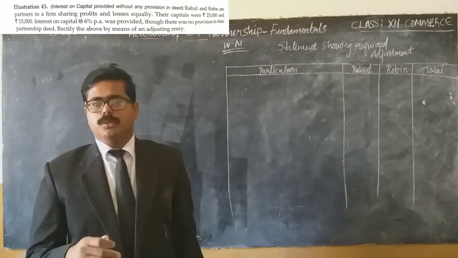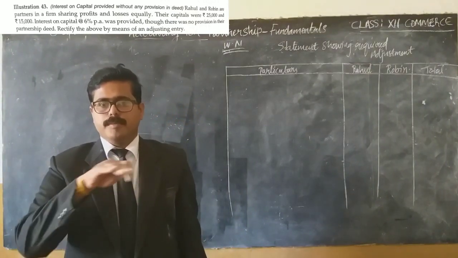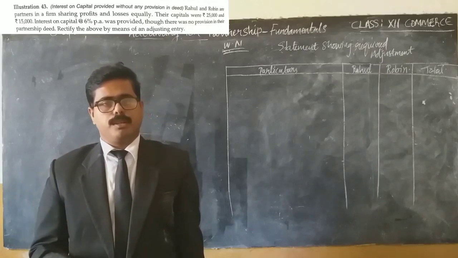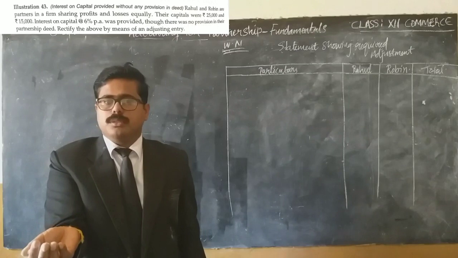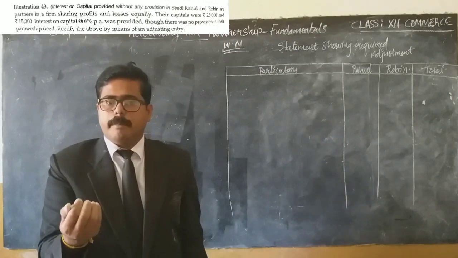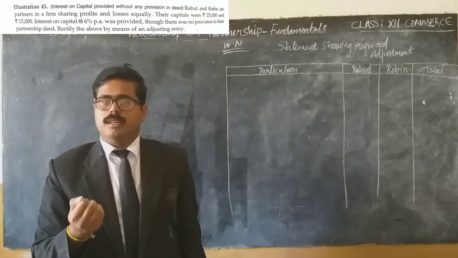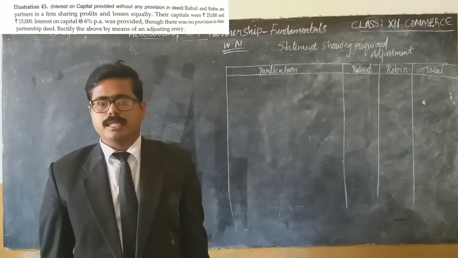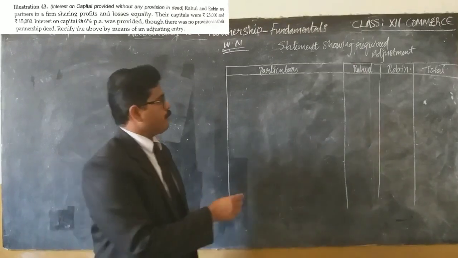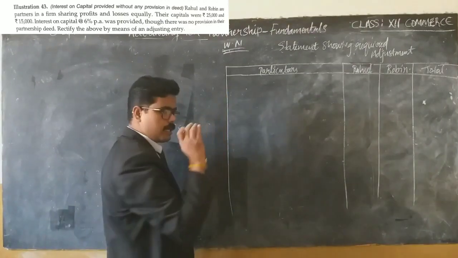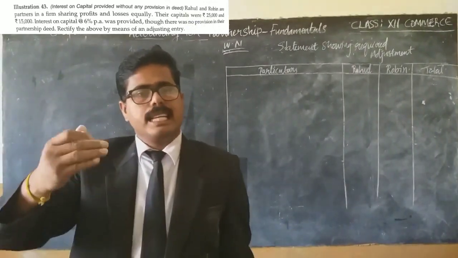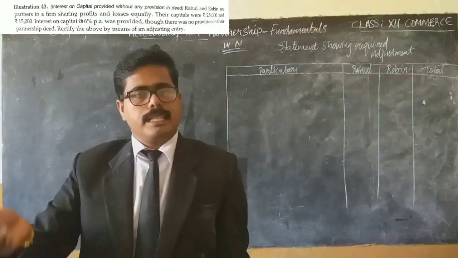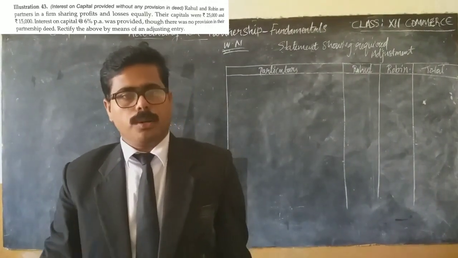To cover that mistake, we have to take the amount of interest on capital back from the partners' capital accounts. When the firm provides interest on capital, it is an income for the partners, whereas it is an expense for the organization.